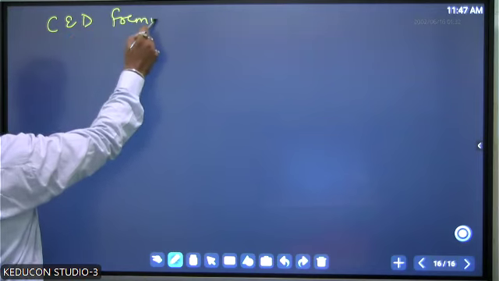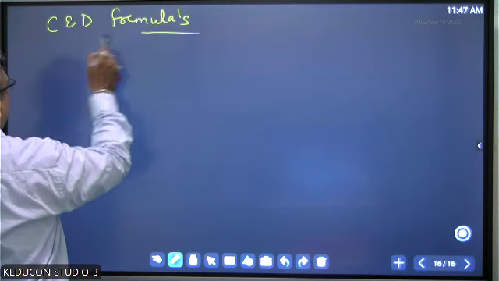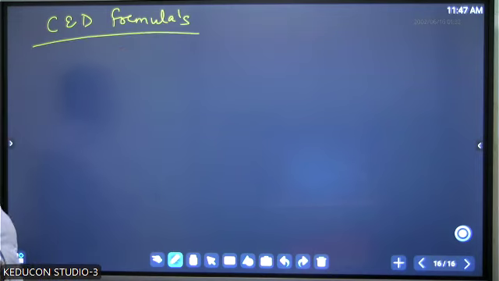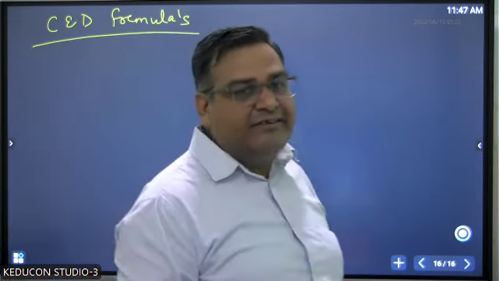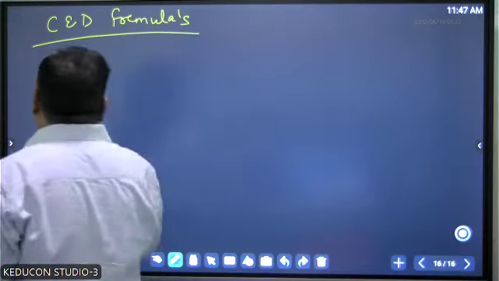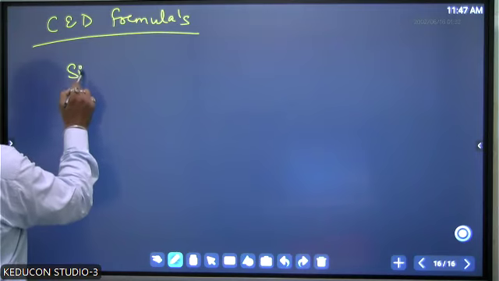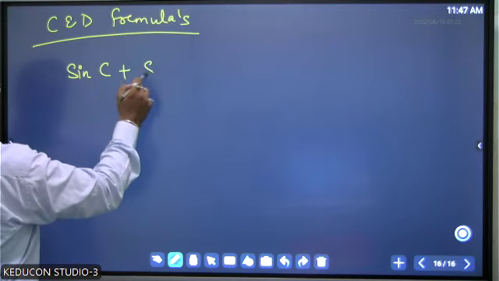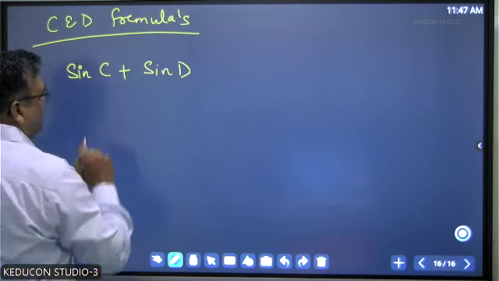Chaliye, now we move on to the C and D formulas. Another set of formula we have, C and D, where C and D are the angles. So the first formula is sine C plus sine D. Now what is the difference?